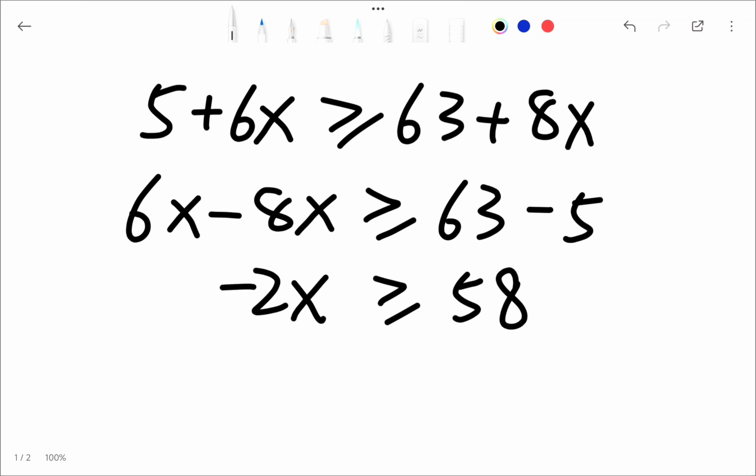Looks like we do need to divide both sides by a negative number. And remember to switch the sign to the opposite.